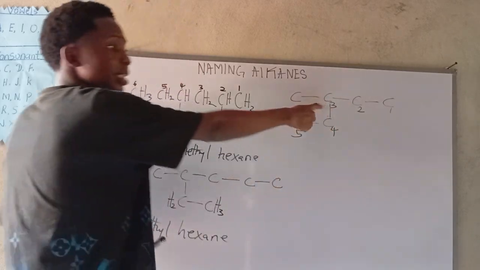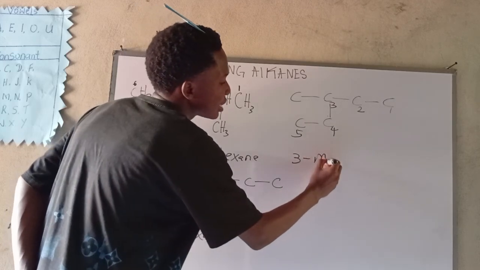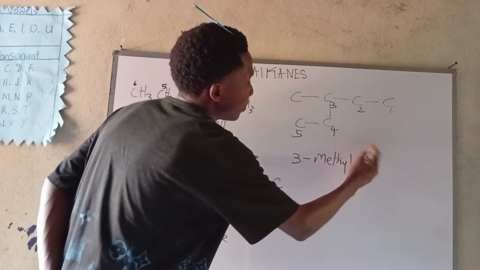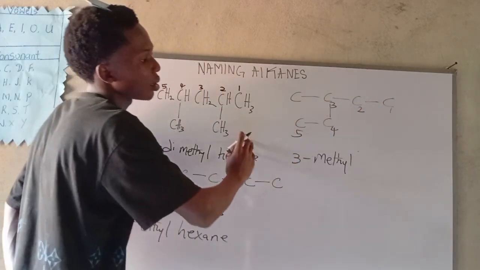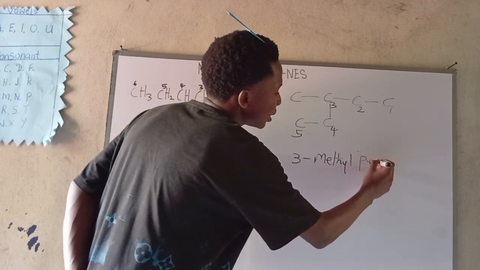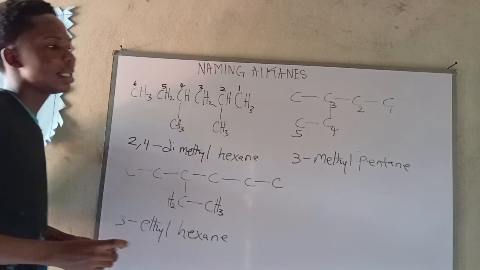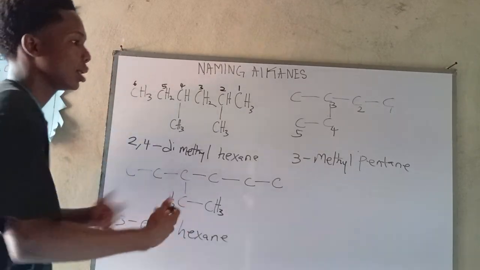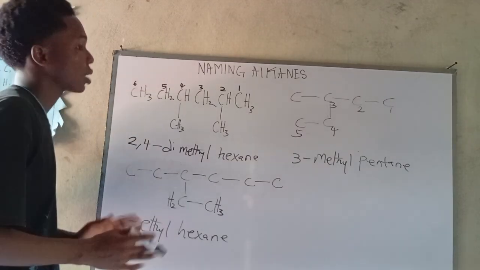So we put 3-ethyl, and the parent chain is 1, 2, 3, 4, 5, pentane. So 3-ethylpentane. It's as easy as that. 5 carbons, pent; 6 carbons, hex; and so on up to 9, 10, non and dec.